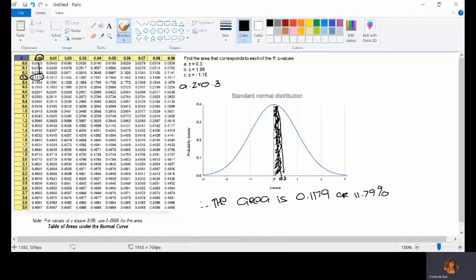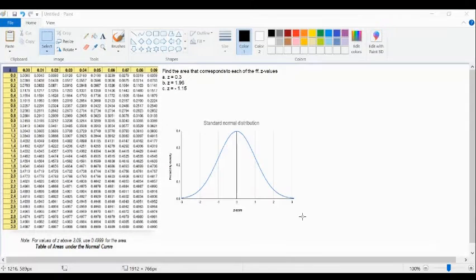So from your mean to 0.3, the area will be 0.1179 or 11.79%. You may try example number 2, but for now, let's answer example number 3.